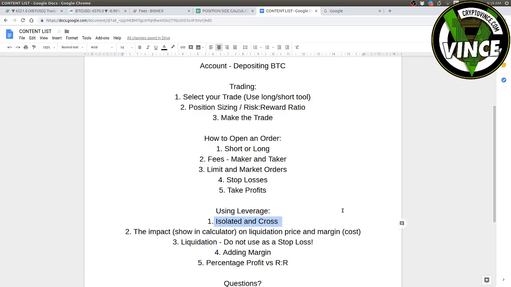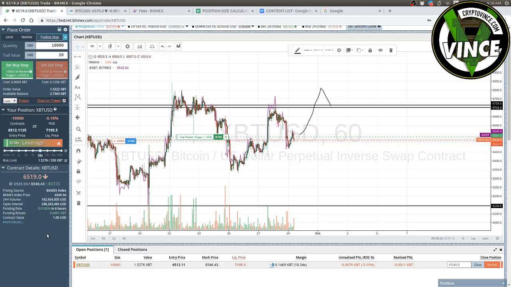Isolated leverage is what we've been talking about for most of this session. It's when you use a multiple: one times, two times, five times, 100 times. Your liquidation price is set, and whatever you might lose on that trade is set. Cross leverage essentially uses your whole portfolio as collateral.